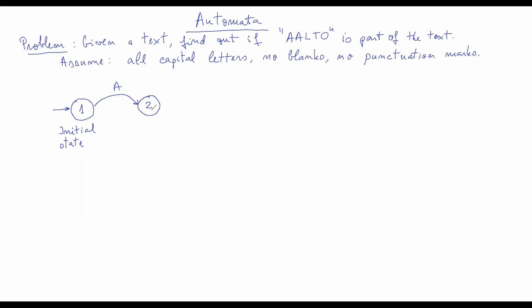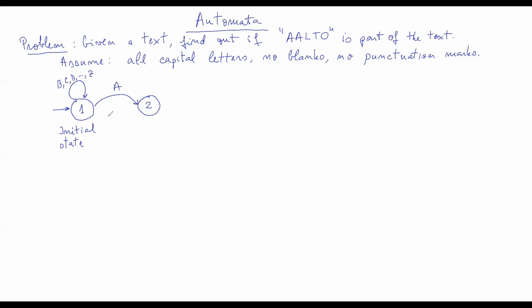I know that I got one letter, A. But if that first letter that you read is not A, then you will say, well, I'm still in the initial phase. I haven't seen any A. So you're going to stay in this state if you read any other letter except A. So any other letter meaning B, C, D, and so on, all the way to Z.